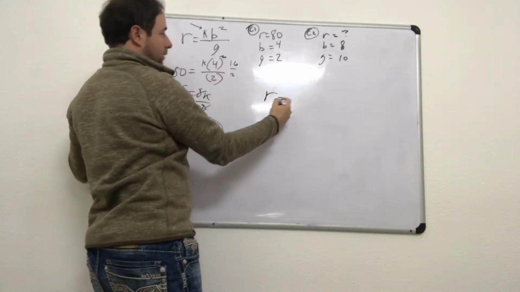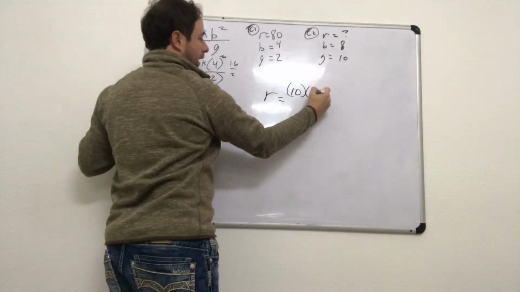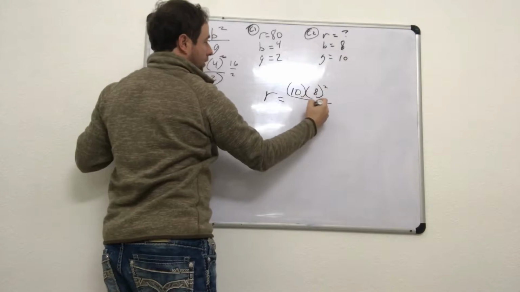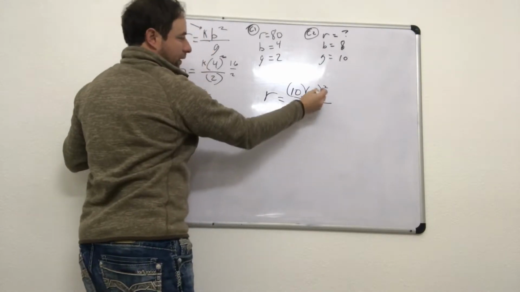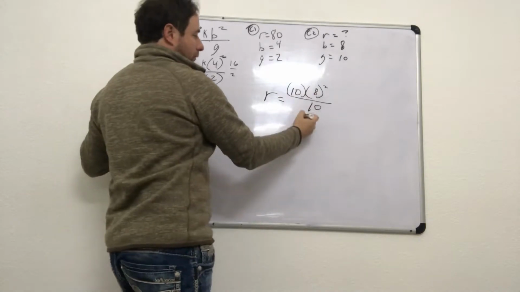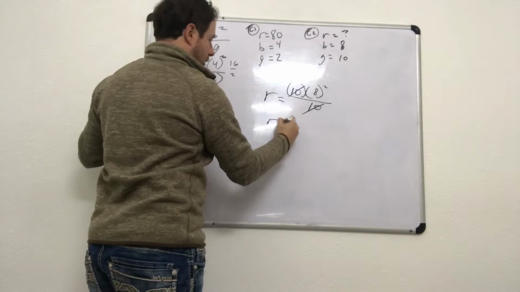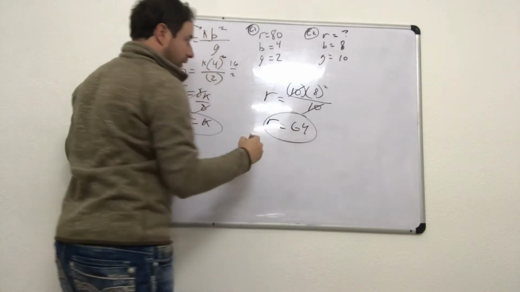It's already isolated. So 10 is our constant. In this case, 8 squared over 10. 8 squared is 64, and these cancel out. And so you get R equals 64.